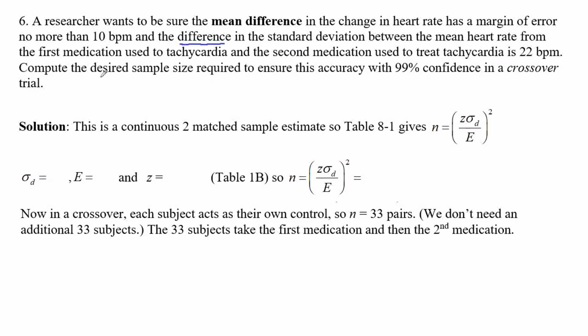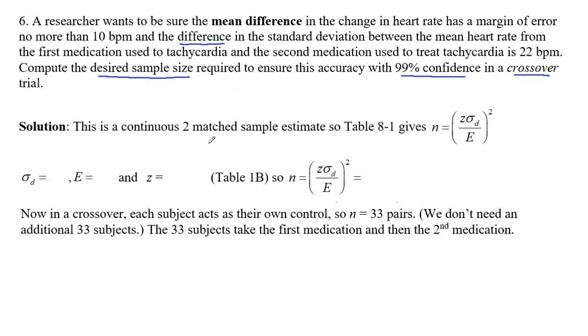We are computing the desired sample size required to ensure accuracy with 99% confidence, and it's a crossover trial. So mean difference there, that is your clue that we're looking at the mean of differences. So this is going to be a paired difference or matched sample experiment, and heart rates will be continuous here.